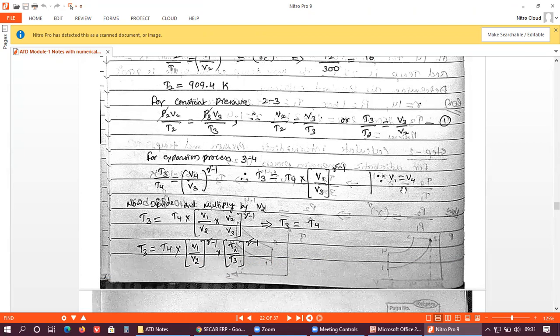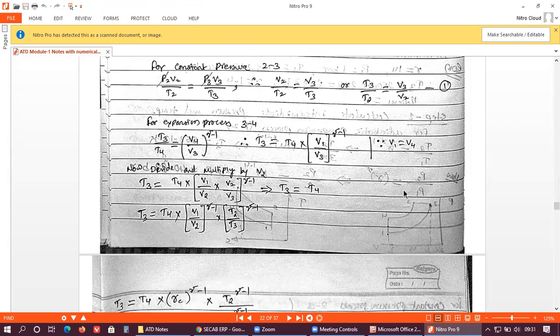Now coming to the expansion process. A little bit of substitution work is there. For the expansion process 3 to 4, T3 by T4 is equal to V4 by V3 raised to gamma minus 1. From this expression, I will go with T3 is equal to T4 into V1 by V3 raised to gamma minus 1. Now divide and multiply with V2.